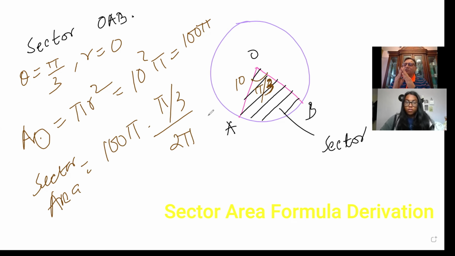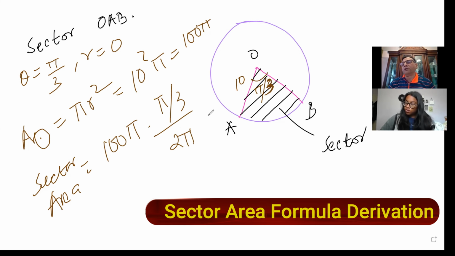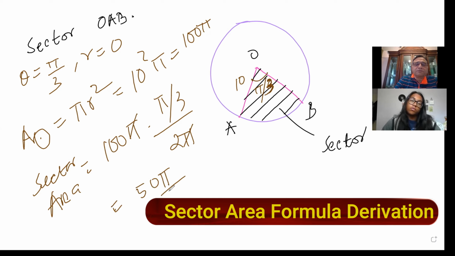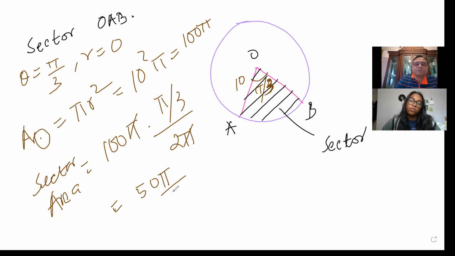Now we are looking into a smaller angle, so it is going to be much smaller in the same ratio. So pi and pi will cancel, 2 will go with this. We get 50 pi over 3. If this is in meters, then area will be in meters square.